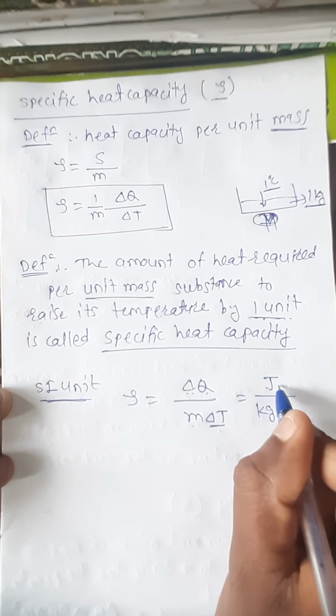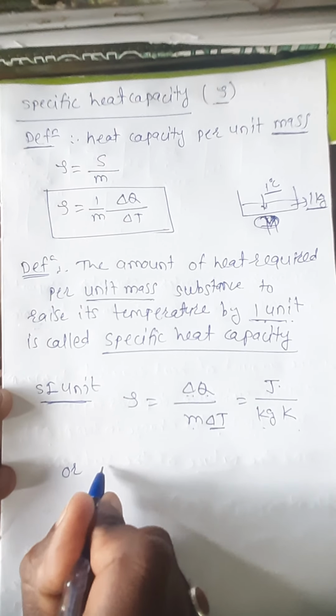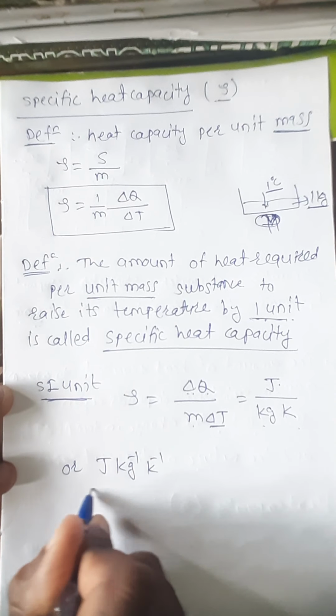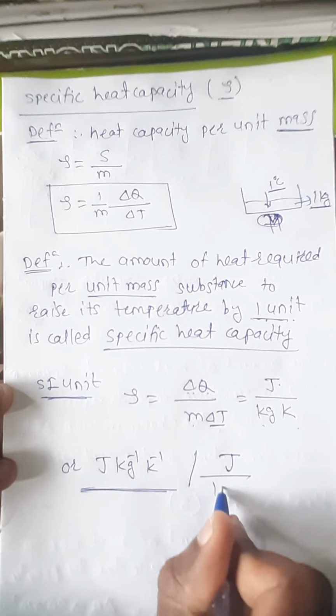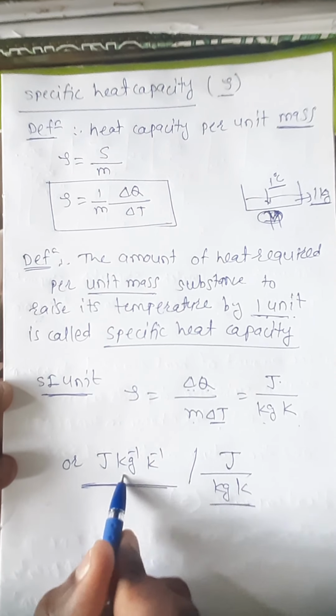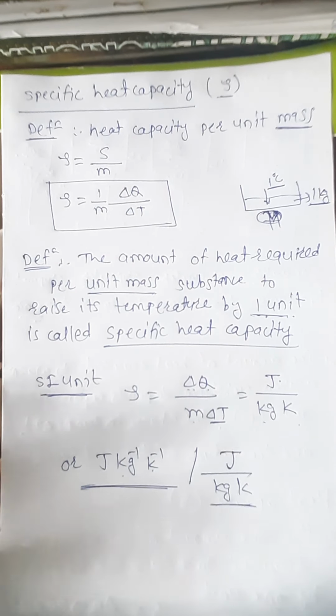Therefore, its SI unit is joule per kg per Kelvin. Joule per kg per Kelvin is the SI unit of specific heat capacity.